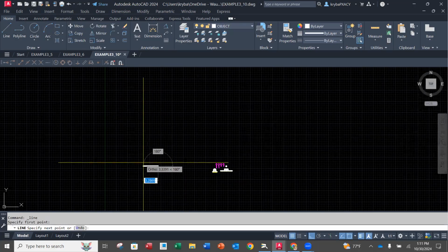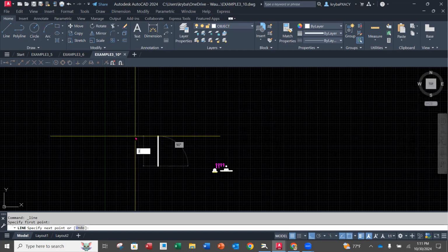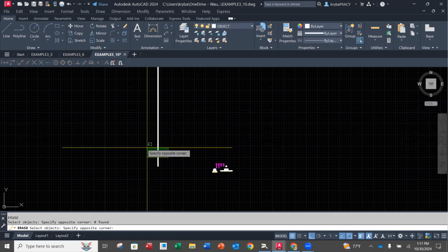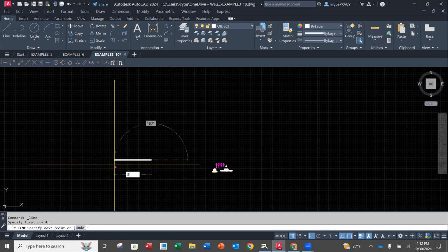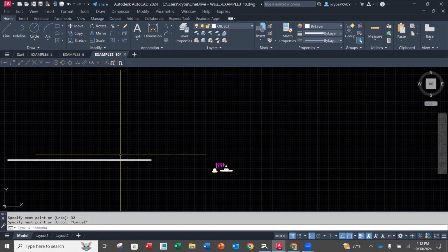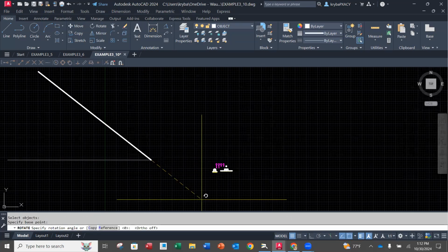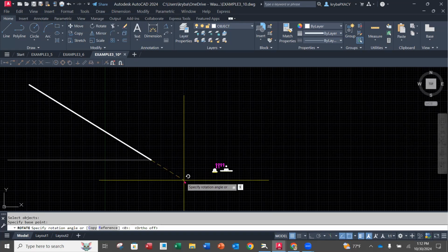Oh, my num lock isn't on, and that's why. 32. Oops, now I didn't have it pointed in the right direction. And then I'm going to rotate this. Turn ortho off. It's going to be -9.